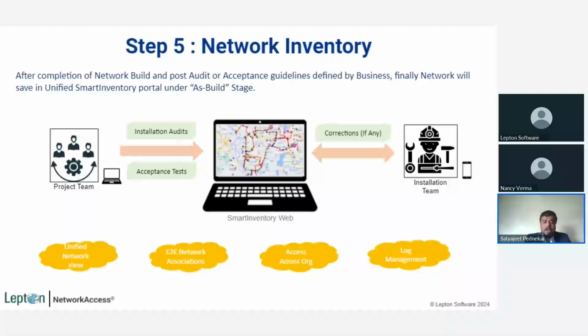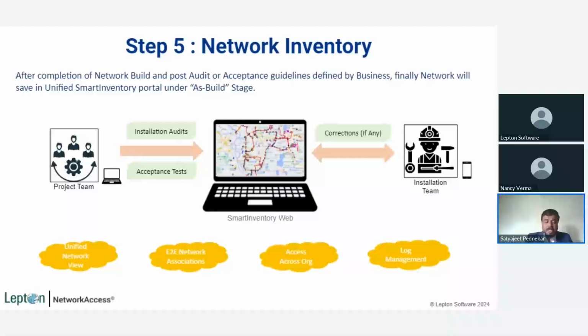You will get the end-to-end network association. So you can see a fiber getting spliced with another fiber with the splicing information. You can see all the passive elements, and all the active elements: where the racks are, which equipment is installed, and on which particular port the fiber is connected.